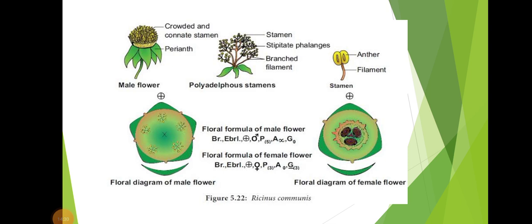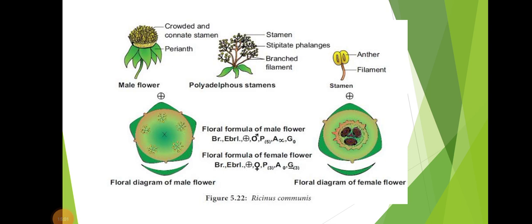The floral formula of the male flower is Br, bracteate, Ebrl, bracteolate, actinomorphic, male flower, and perianth is 5 and androecium infinity, gynoecium 0.